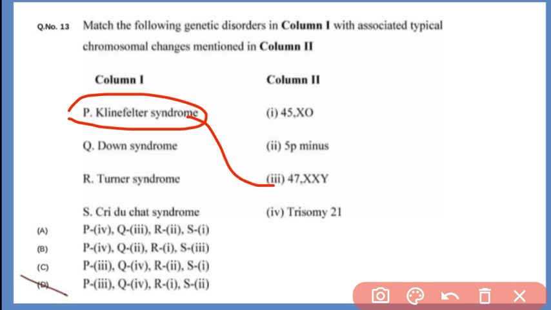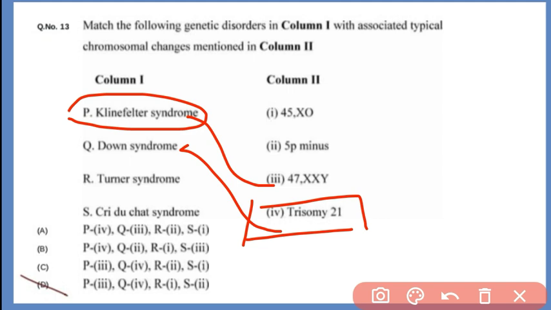Down syndrome is also known as trisomy 21, not 24, 21. It is caused by the presence of a third copy of chromosome number 21. It is usually associated with physical growth delay and intellectual disability. So Down syndrome matches to trisomy of chromosome number 21.